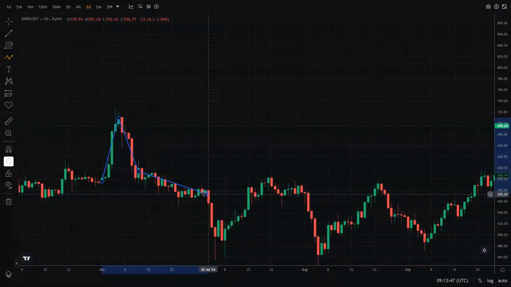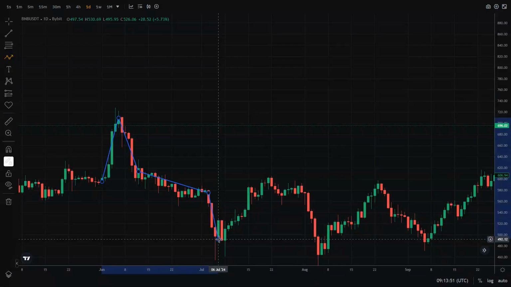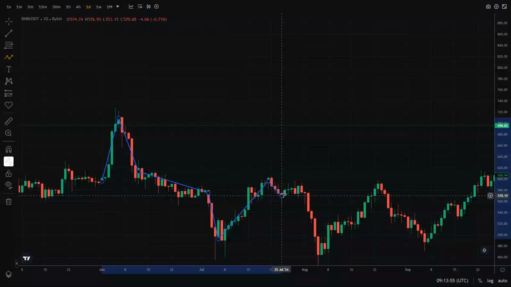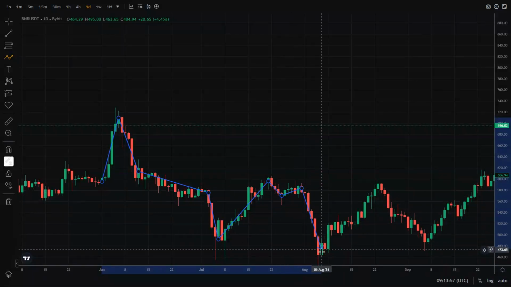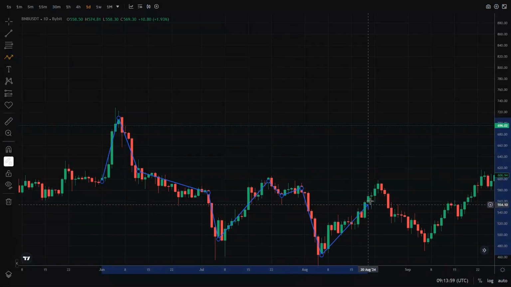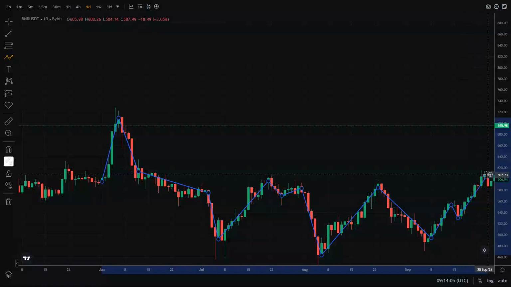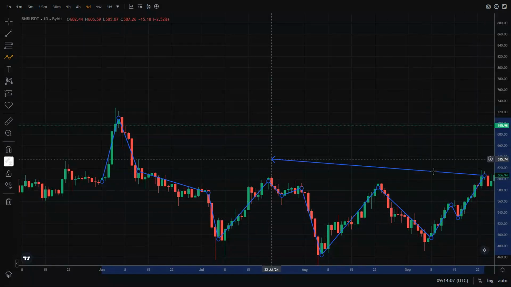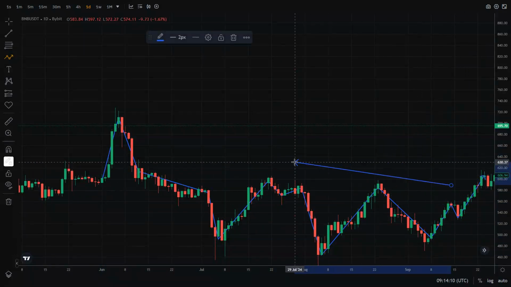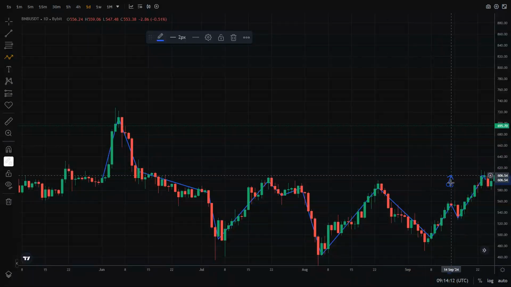This is the run to the downward side, pullback, run, pullback, run, before it changes to an uptrend. We're going to cover some things here.